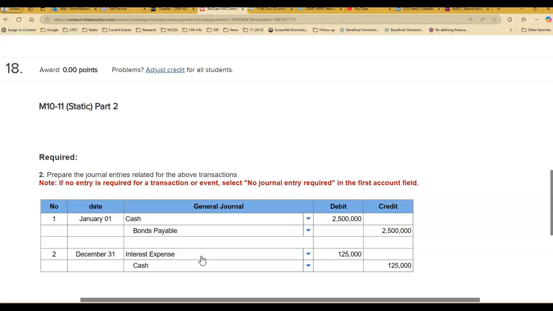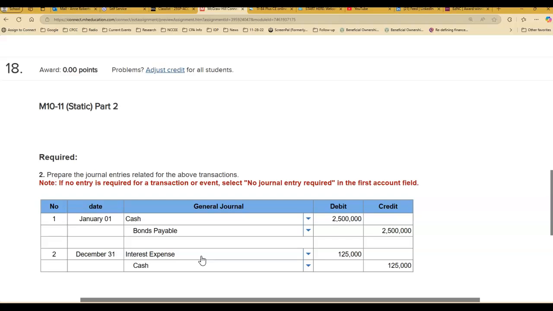The biggest thing here is this. When you start issuing bonds, so again, this is the simplest example possible, when you start issuing bonds at a premium or a discount, one, calculate the amount of the cash payment: stated interest rate times face value times number of bonds, right?